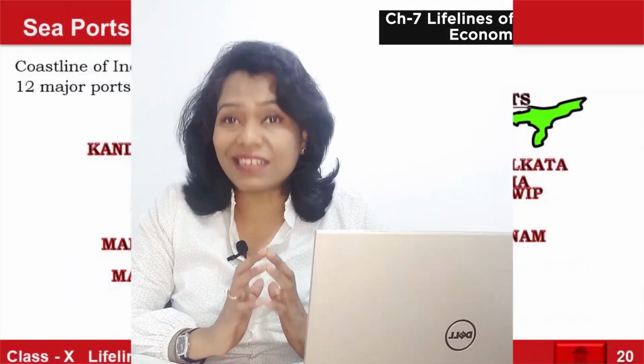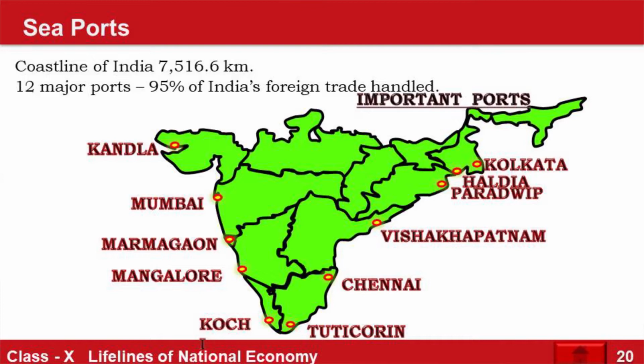Major seaports: 95% of your transaction of goods from this place to that place is with the help of only seaports. 95% goods, which amounts to 68% in economic value.